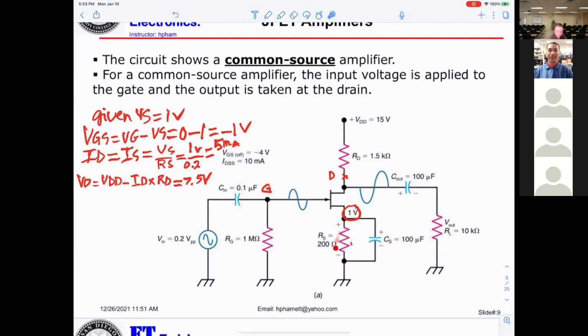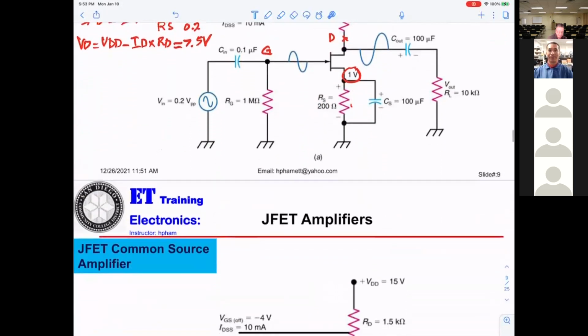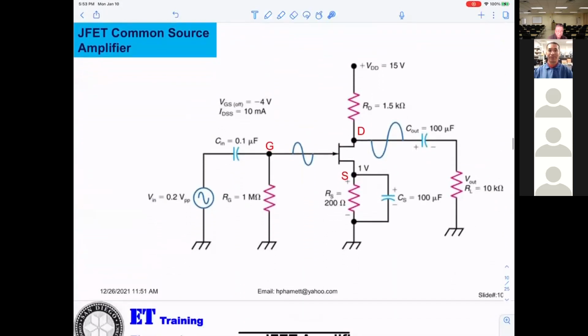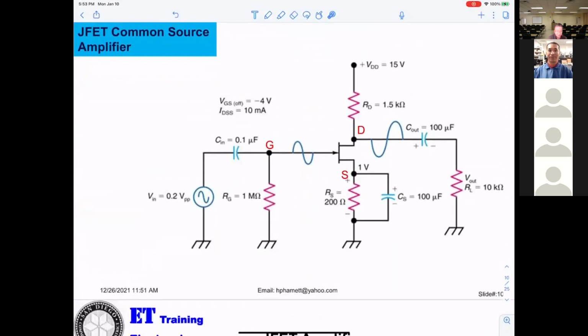This is the current IS, and IS and ID must be the same. So you take VS divided by RS, you get IS, which means you get ID. After that, you can calculate VGS, ID, and VD, whatever you need. That is for DC bias. On this circuitry, there's another thing I'm not going to detail yet, but the general thing you must know.